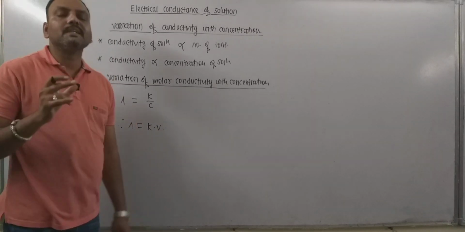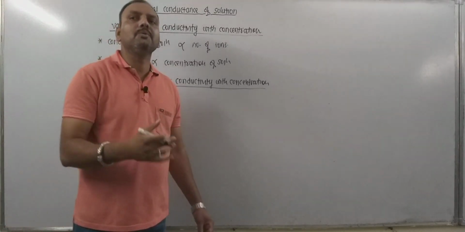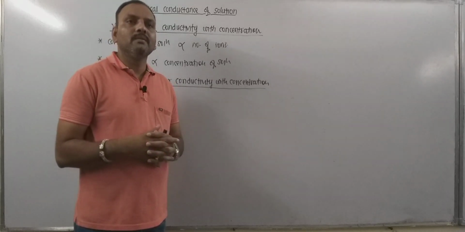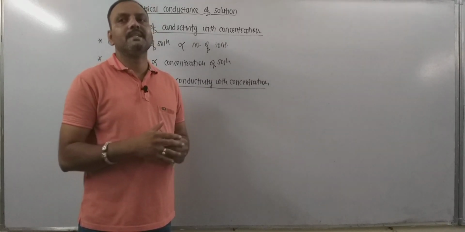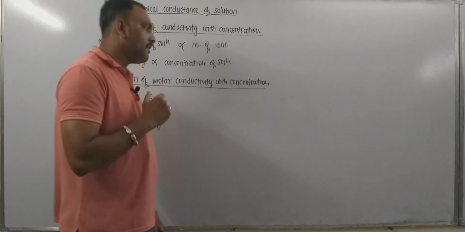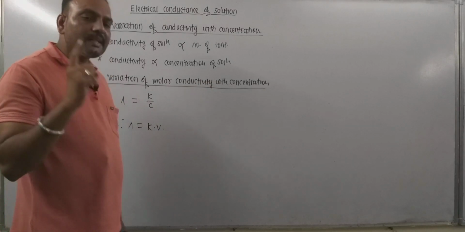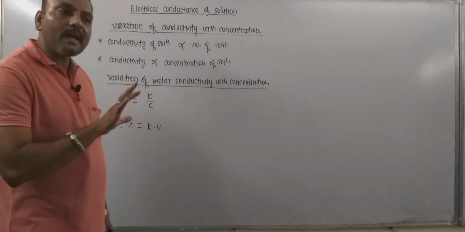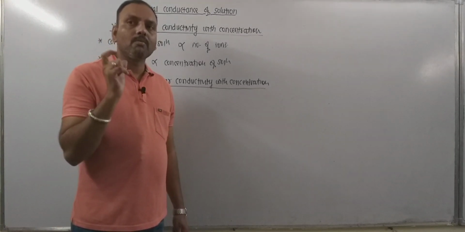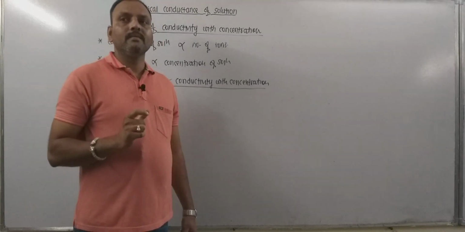From this it is concluded that if we dilute the solution, what happens due to dilution? It facilitates ionization, and thus the number of ions increases. And remember, as far as molar conductivity is concerned, we are interested in 1 mole. We don't have to do with the rest of the amount. So we are concentrating on 1 mole of electrolyte.